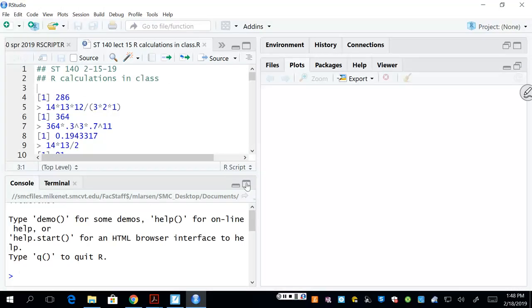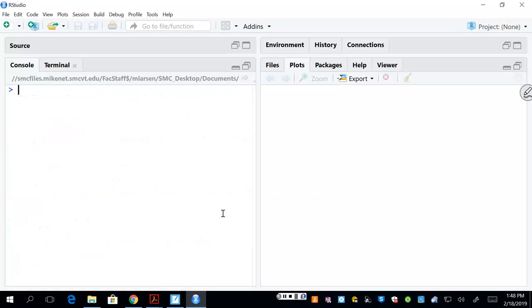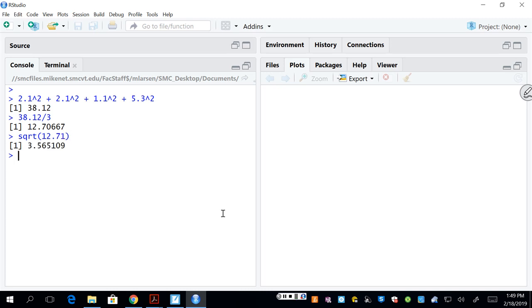We would have 2.1 squared plus 2.1 squared plus 1.1 squared plus 5.3 squared, which is 38.12, and then we divide by 3, and that's s squared. That's the sample variance. Then we take the square root of that, so about 3.57 as a standard deviation.